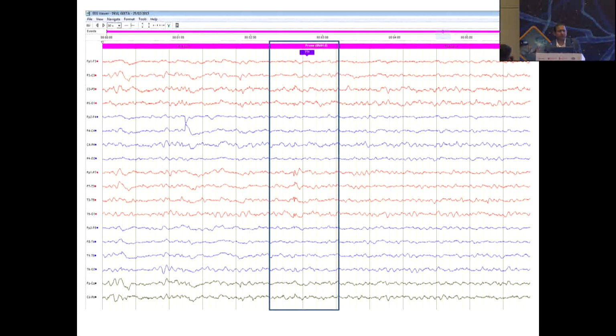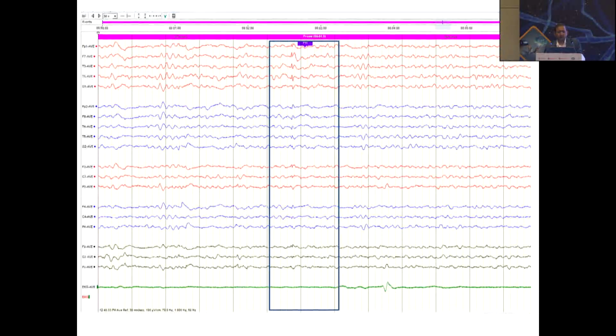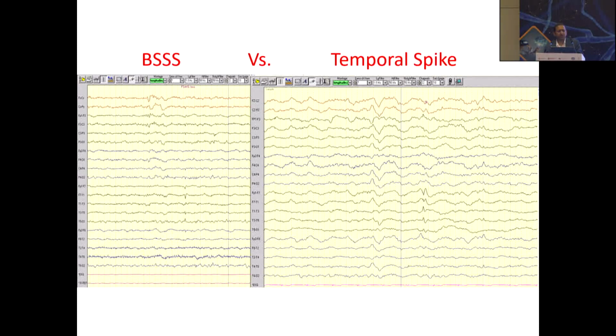You can see a very sharp activity. The amplitude is very small and duration is very small. Couple of examples. You can see this very tiny activity seen in the left side, and this is nothing but BSSS. So the only point is how to differentiate it from a spike. It is looking like it is coming in the frontotemporal region.